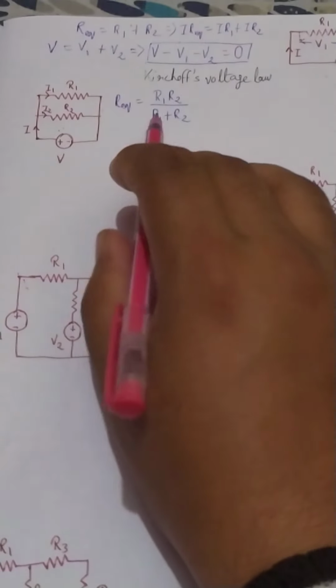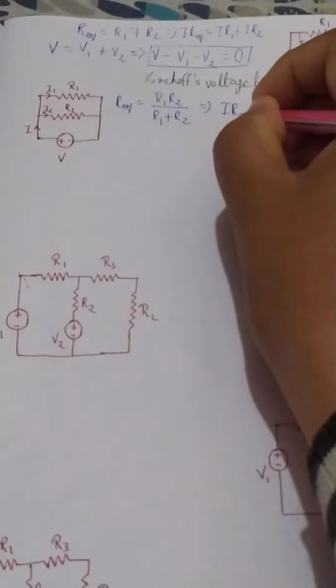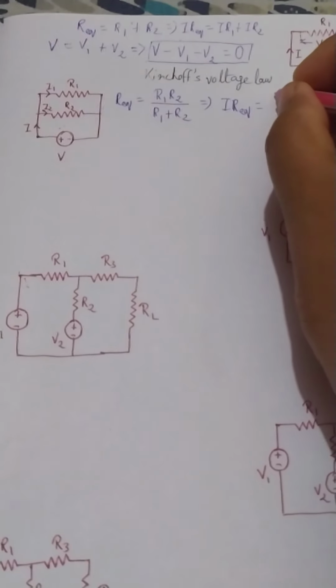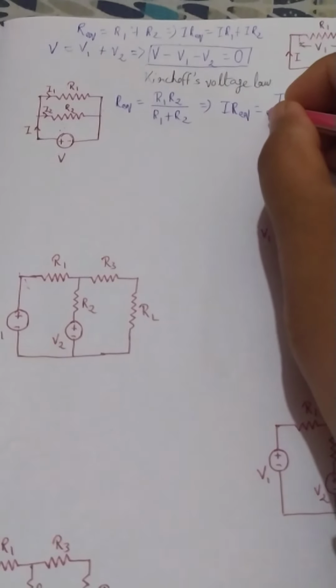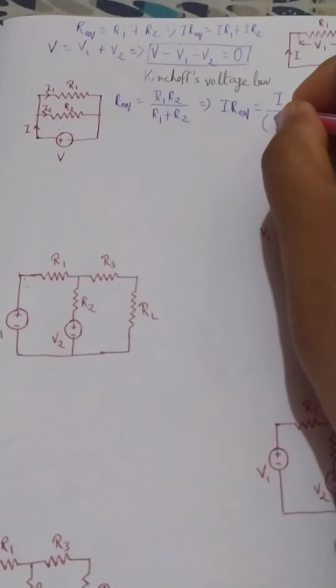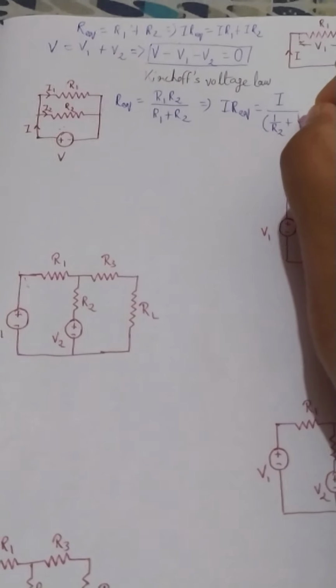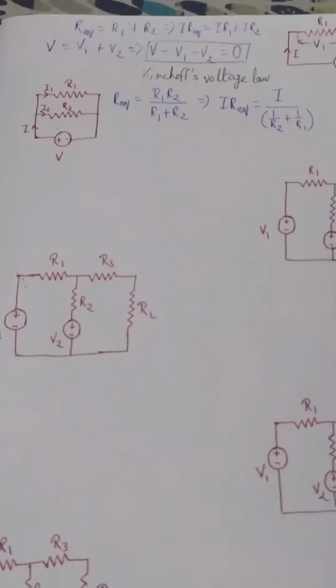Now we multiply both sides by I. So I R equivalent will be equal to I into, let me rearrange and write it in this way, 1 by R2 plus 1 by R1.